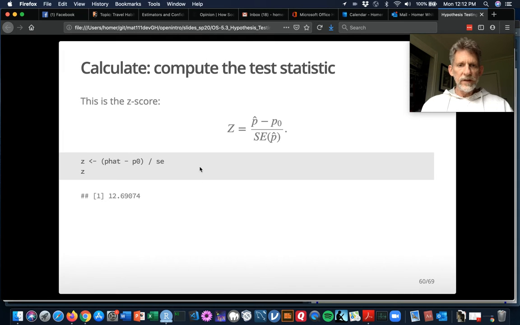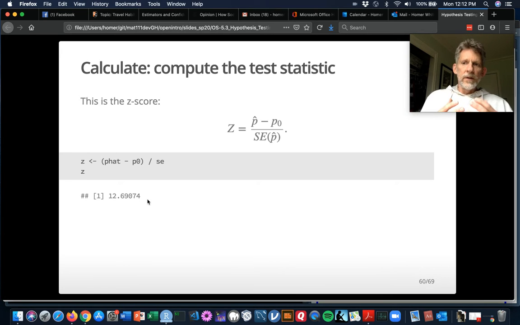So we can get the z-score. That's our test statistic. The p hat minus the null's belief of 0.5 divided by that standard error turns out to be 12.6. My goodness.